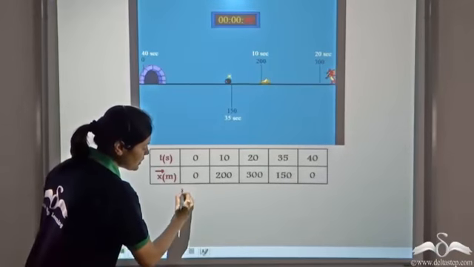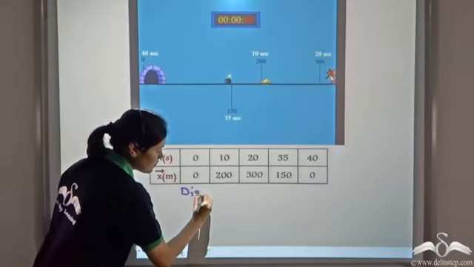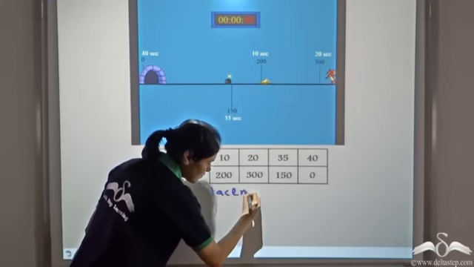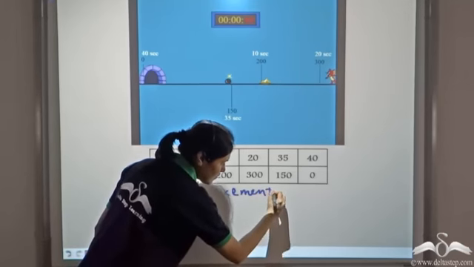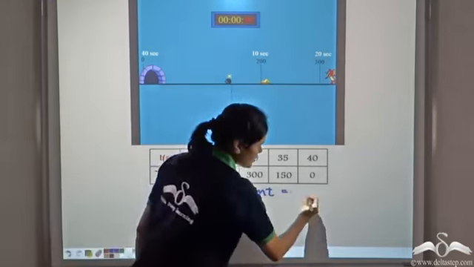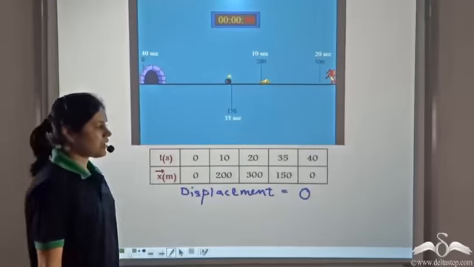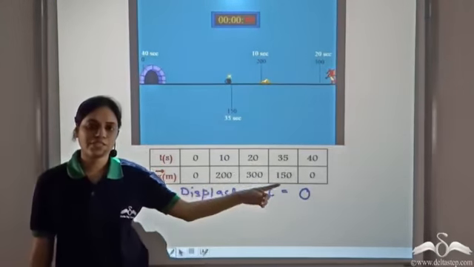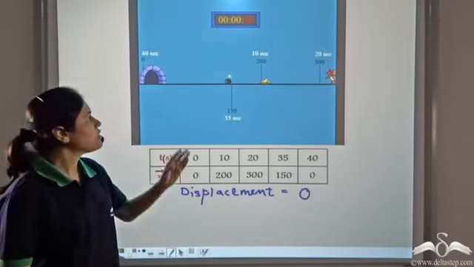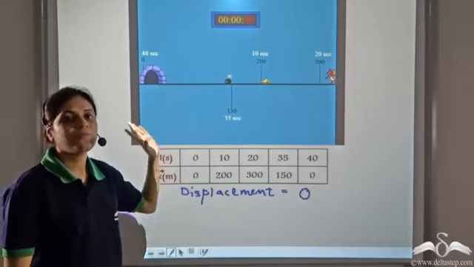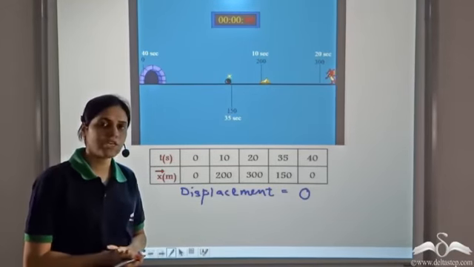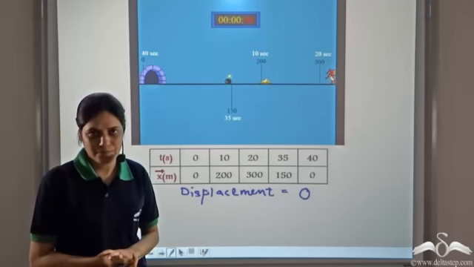So, total displacement is equal to 0 minus 0, that is 0. And time taken is 40 seconds. Therefore, average velocity for the entire journey was 0 meters per second. So, the average velocity of Jerry was 0 meters per second.